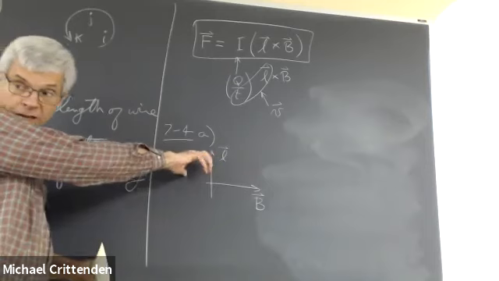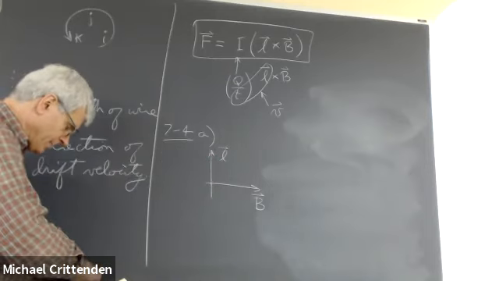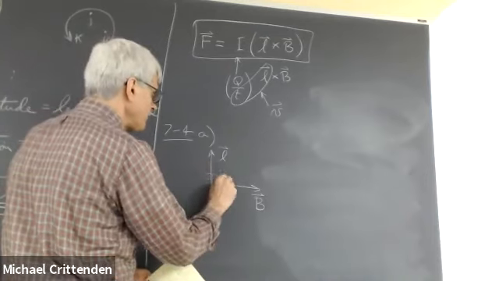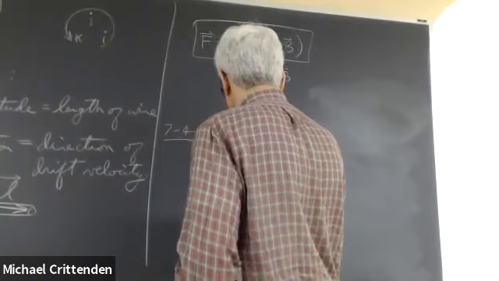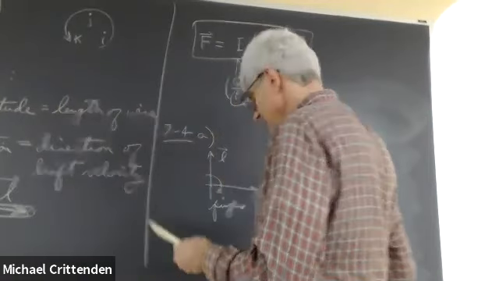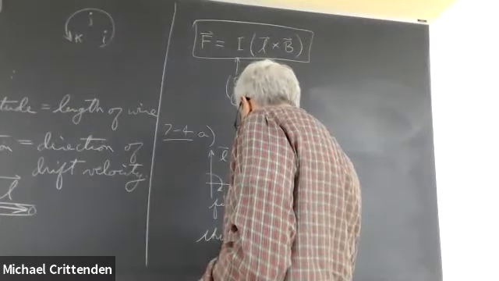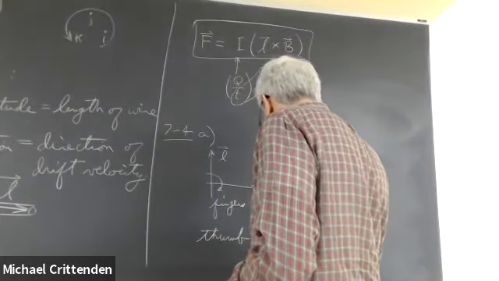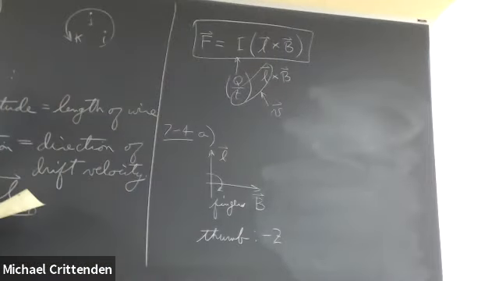L cross B, my thumb is pointing into the blackboard. So fingers wrap around in this direction, and my thumb points in the negative z direction.